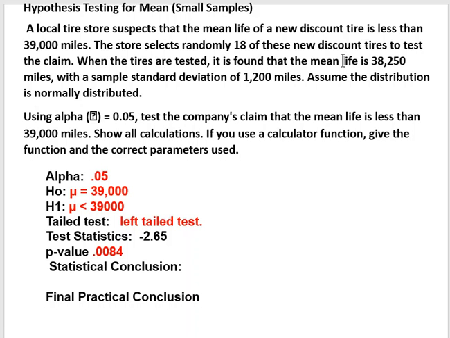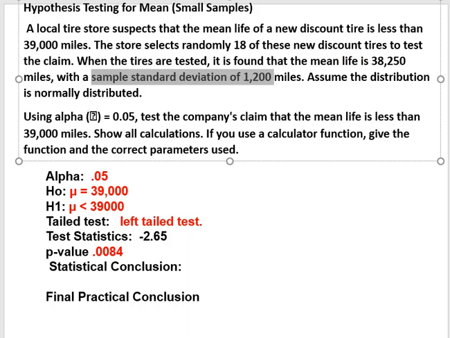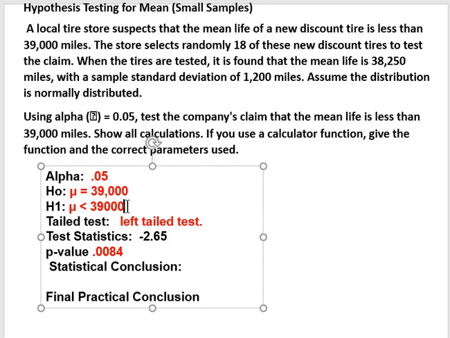When the tires are tested, it's found that the mean life of the tires is 38,250 with a sample standard deviation of 1,200. Assume the distribution is normally distributed. Notice this time they tell you the sample standard deviation, not the population. My null is equal to 39,000. My alternative is less than 39,000. This is again a left tail test.